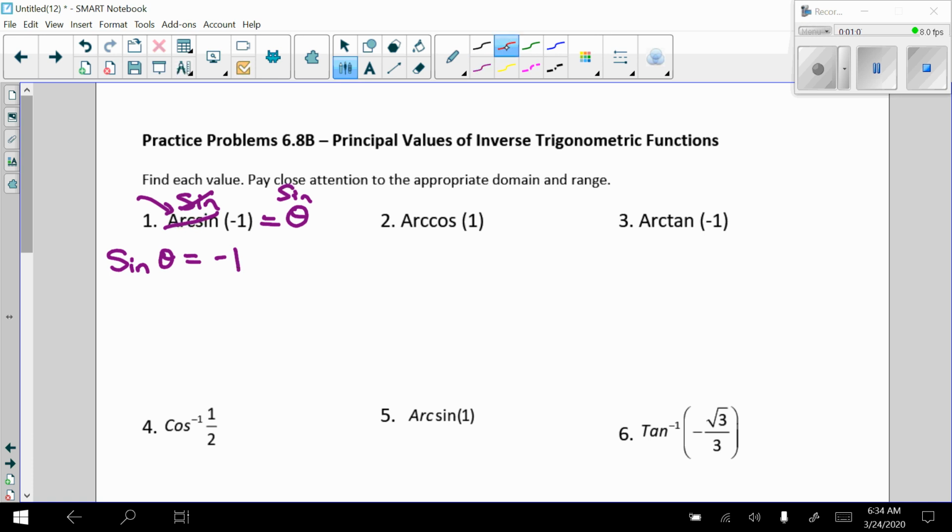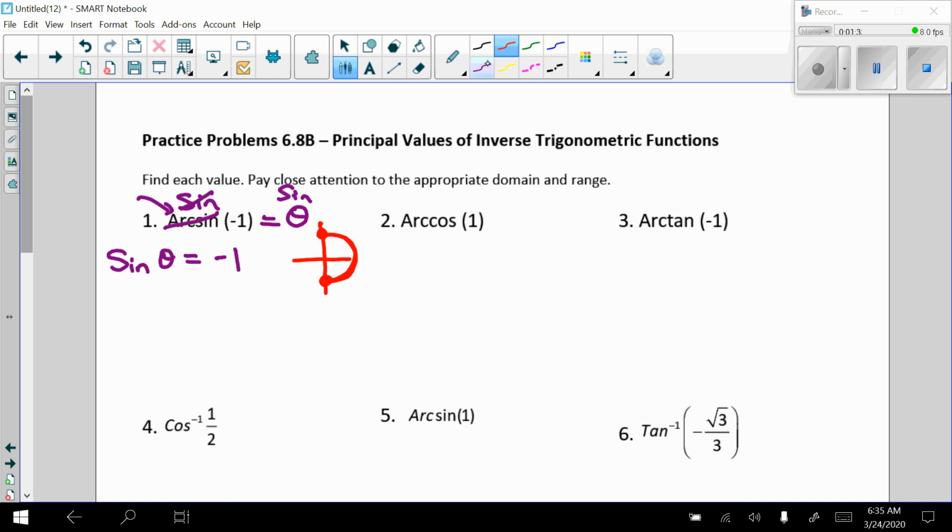And remember, with the principal values, I want you to draw this little coordinate plane over here with the part of the unit circle that applies to the principal values of sine. So hopefully you'll remember that that goes from -π/2 to π/2. So we are looking for the angle that gives us a sine of -1 within this domain.